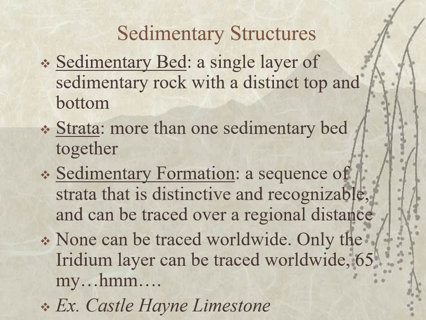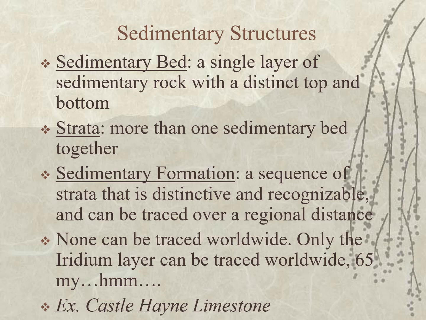So it is a sequence of strata that is distinctive, meaning it's not exactly like any other strata anywhere else in the world, and it is recognizable and has been studied and written about. And it can be traced over a regional distance, so for some distance but not worldwide. So no sedimentary formation can be traced worldwide.